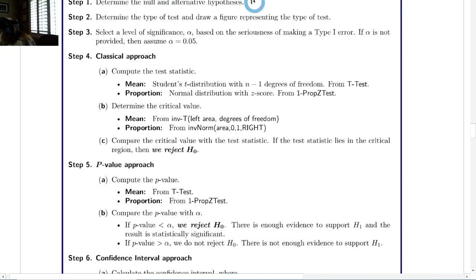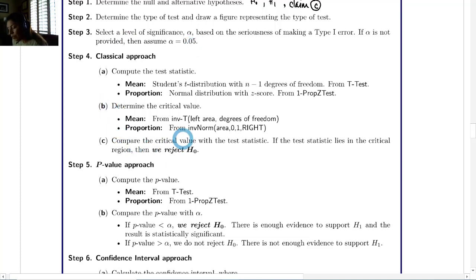And then we're going to go ahead and mark the claim with a little C in a circle. And then we're going to determine the type of test and draw a figure. We've already done that. And we have a level of significance alpha, which we've already done, right?